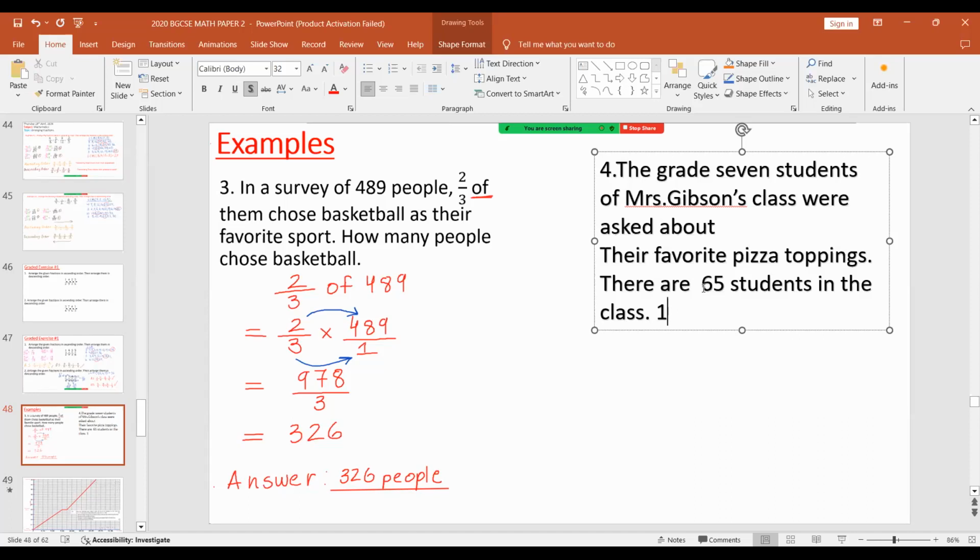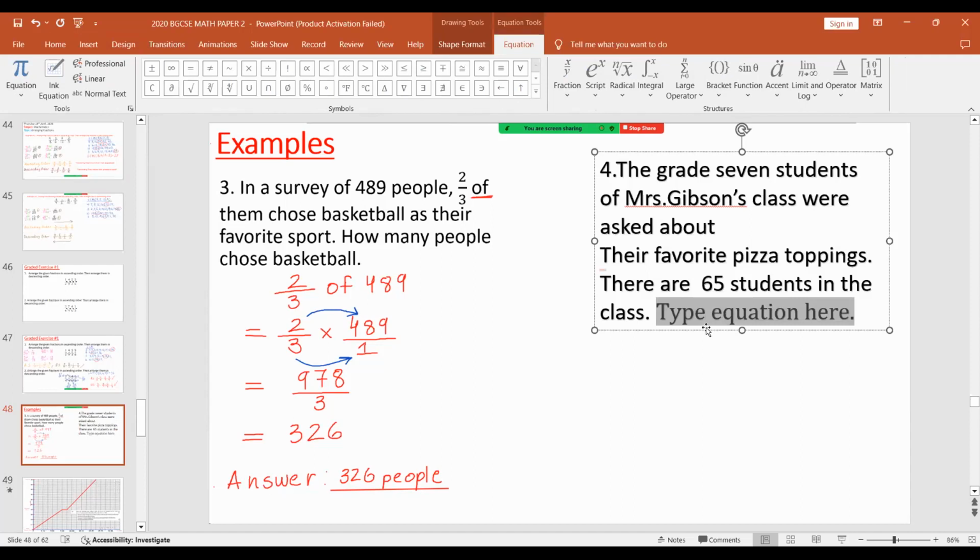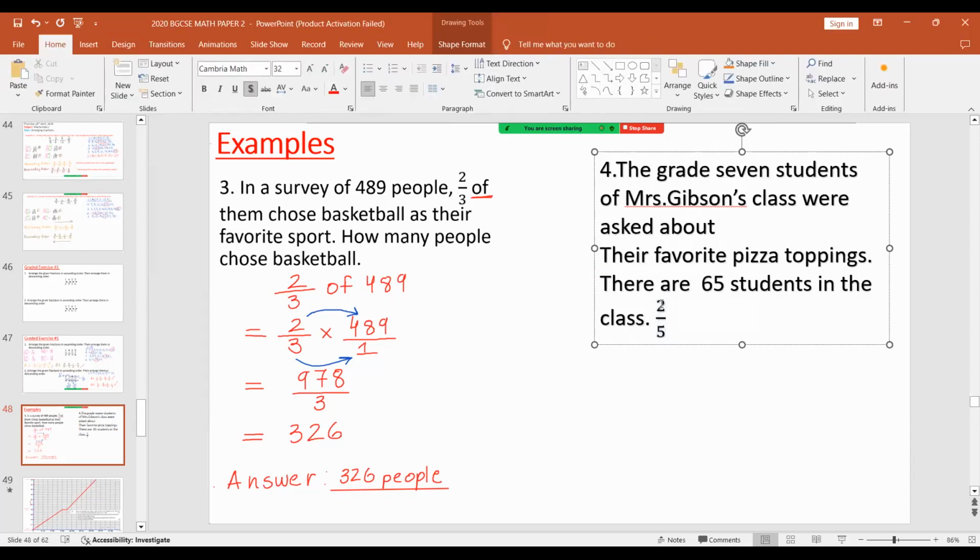Two-fifths of the class chose pepperoni as their favorite topping.